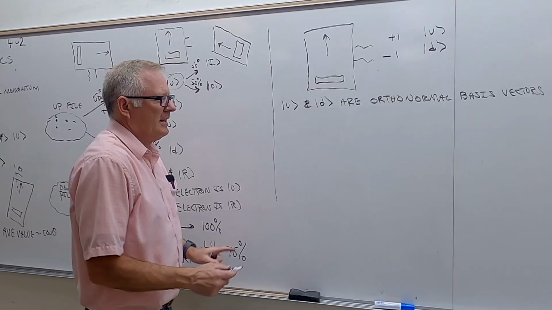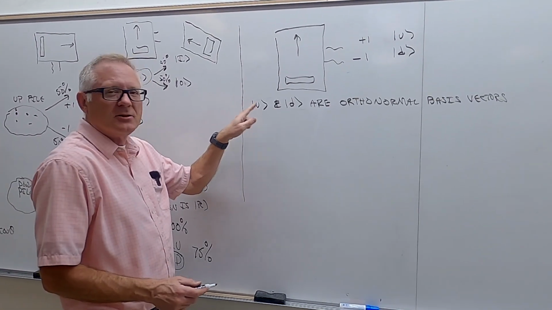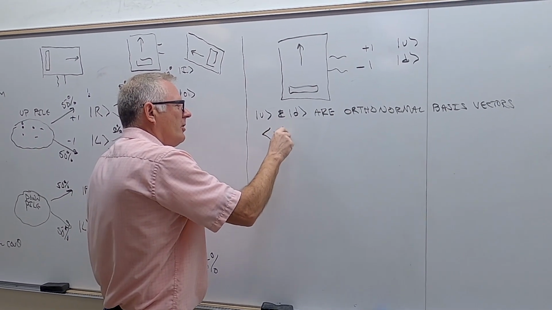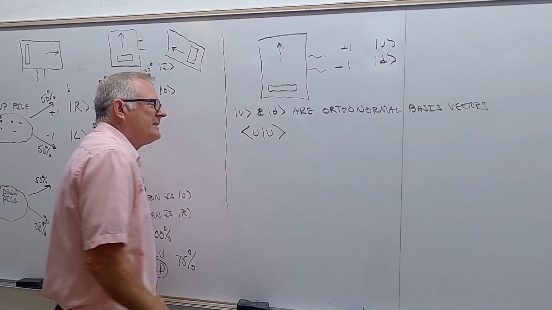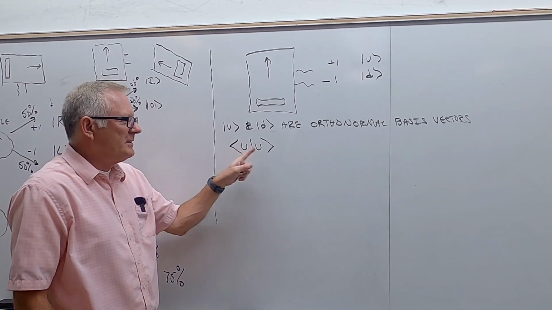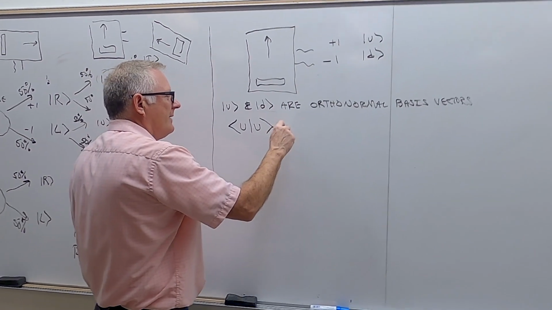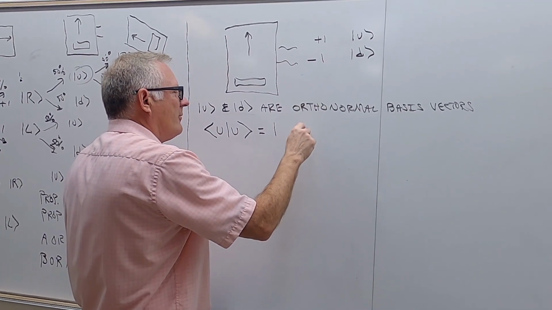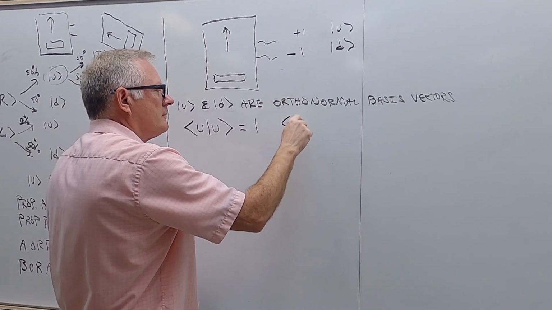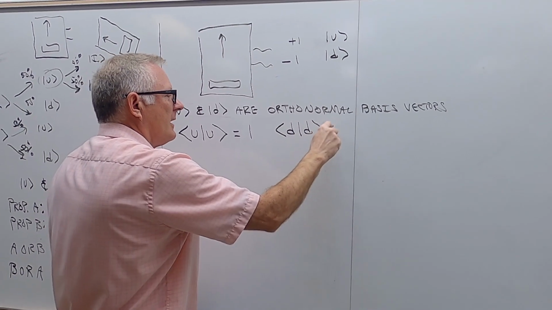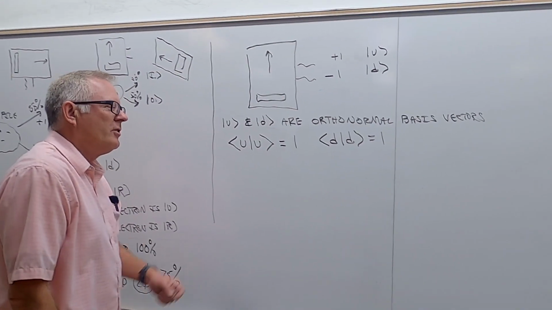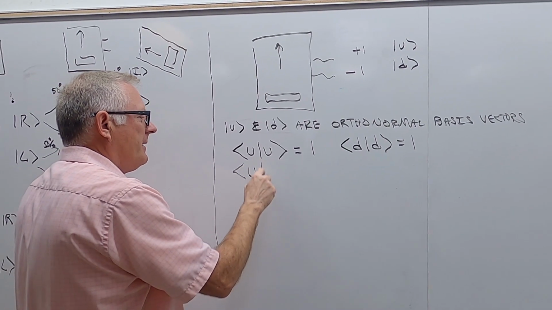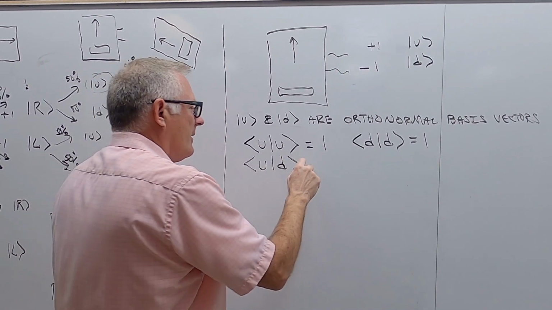What does that mean? That means when I dot this with itself, we already said anytime they're the same, you always get 1. So this is 1. That means they're normalized. Same with down, down. That's 1. But when you do the opposite, different ones, up, down, then you get 0.